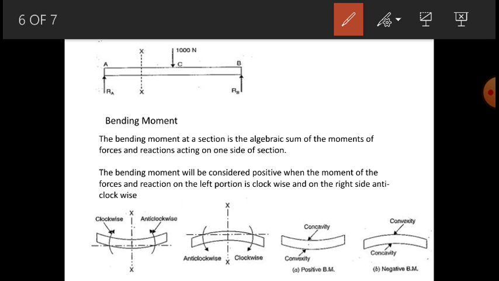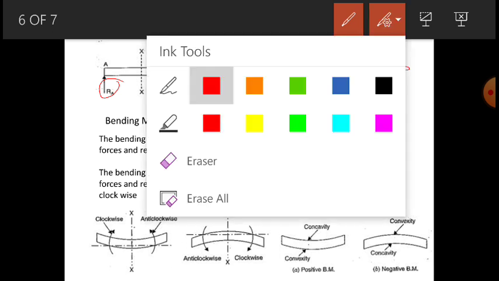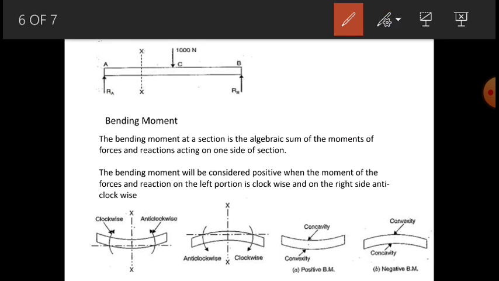Whatever force you are applying, the beam will resist the same load in the opposite direction. So RA and RB will be 500. So if this is 500, how will we calculate which is positive and which is negative shear force?